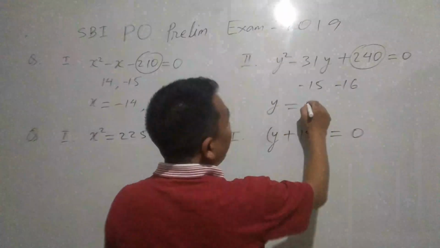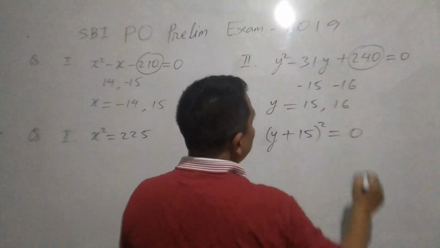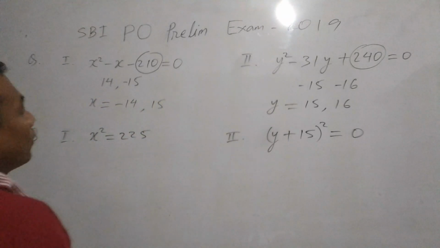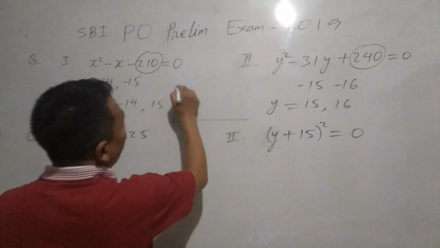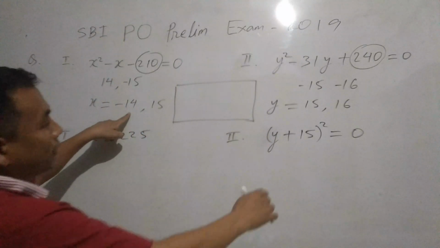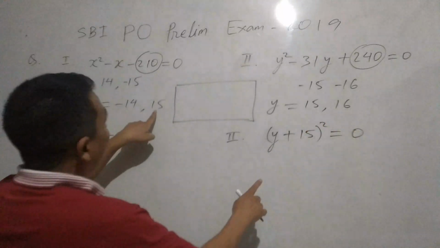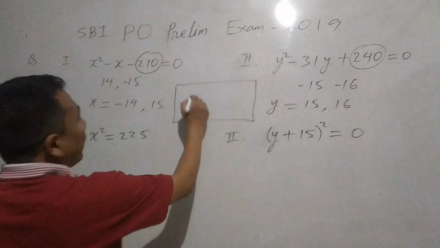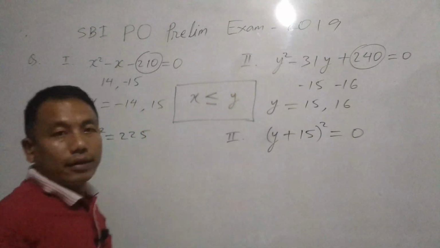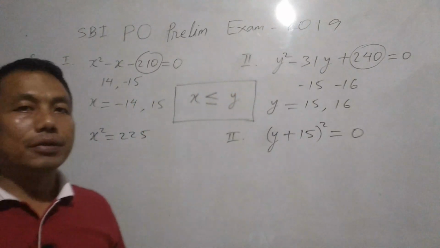That is 15 and 16. Okay, let's make a conclusion. What will be the answer? This is strictly less than 16, and we have one equal value. Therefore, x is less than or equal to y. This is the right conclusion.